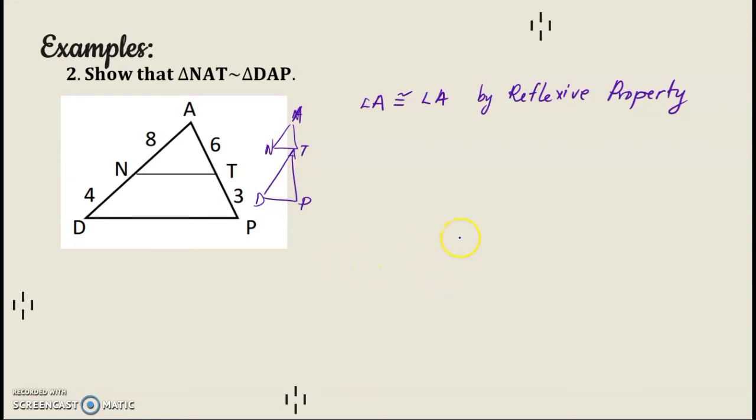So the sides are proportional since AN over AB is equal to 8 over 12. 8 over 12, lowest term is 2/3. And then AP over AF is equal to 6 over 9, which is 2/3 rin.